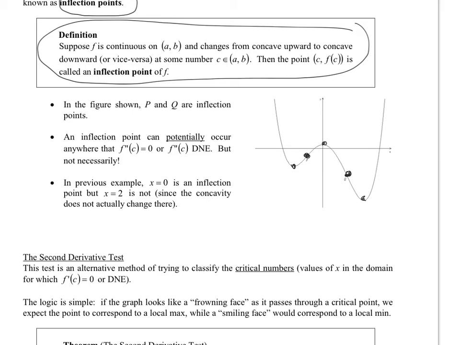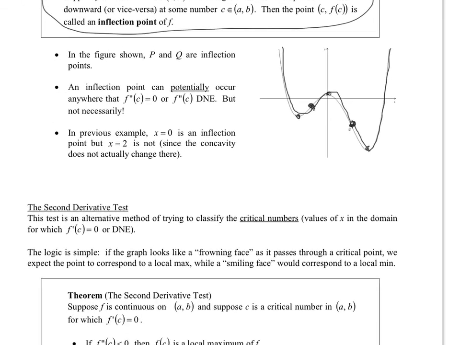So if you just imagine traveling from left to right along this graph, point P is the point at which the tangent lines will stop rotating counterclockwise and begin to rotate clockwise. And then as you pass through point Q, that's the point at which the tangent lines change from rotating clockwise back to rotating counterclockwise. And I'm not quite sure why I traced over that graph, since all I really did was make a mess of it. But I hope you get the idea there.